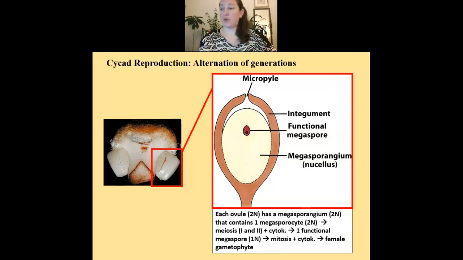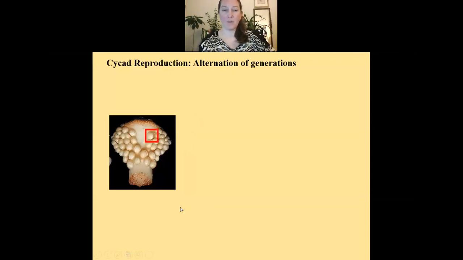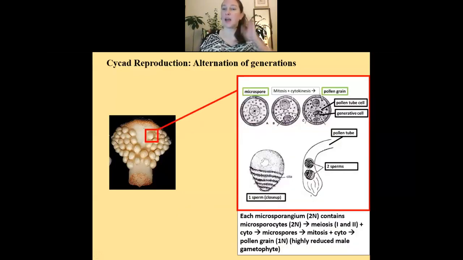If we were to look inside of the microsporangium, this is just kind of a recap. Here's one microsporangium. As we just discussed, inside that microsporangium are the microspore mother cells. Microspore mother cells are going to undergo meiosis and cytokinesis to produce the microspores, which are haploid.